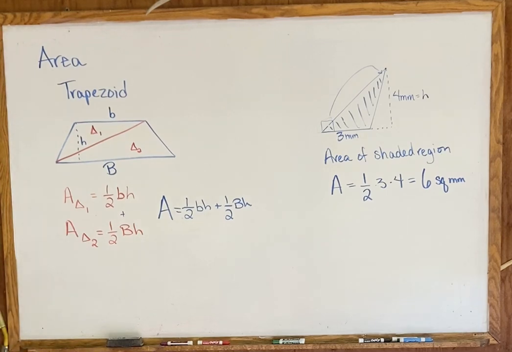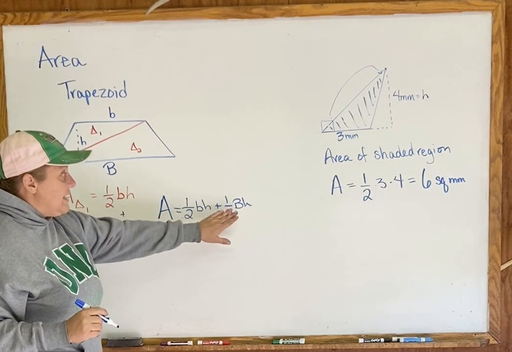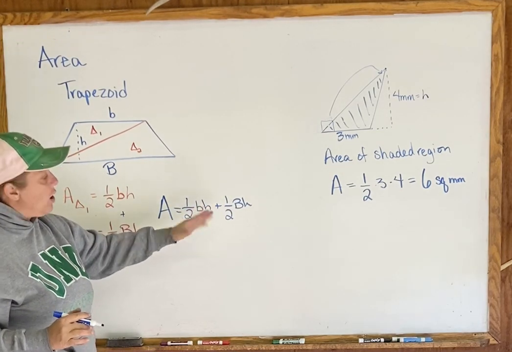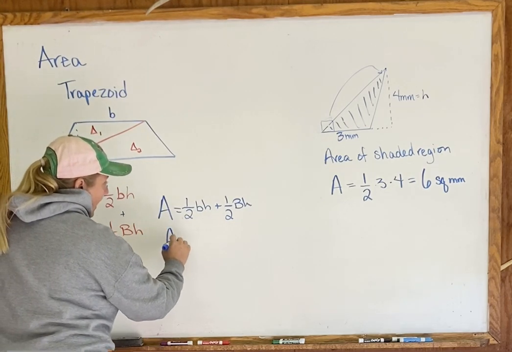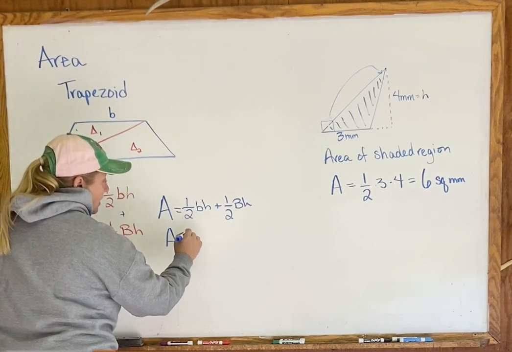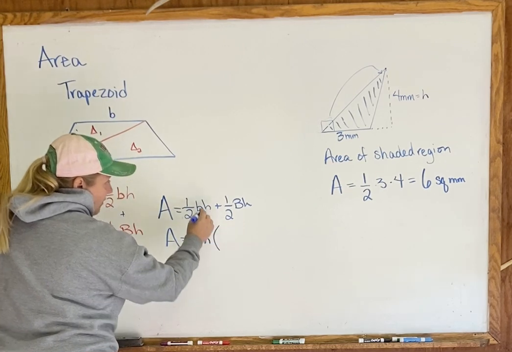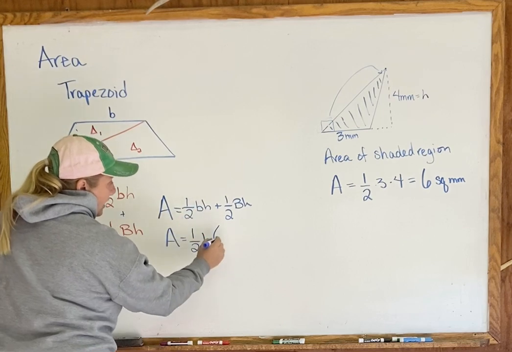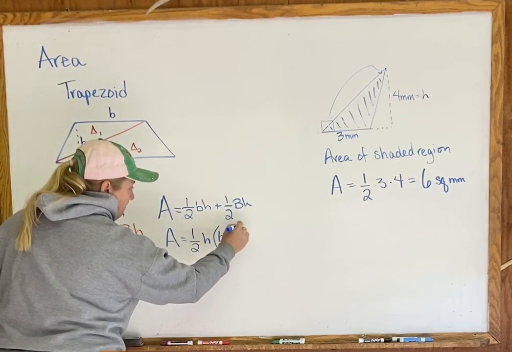Now, remembering back to some algebra skills here, each piece has some stuff in common, so we're going to pull out what they have in common. A equals, we're going to factor out the 1/2 and the h, and if we pull the 1/2 and the h out, here is left little b, and here is left big B.